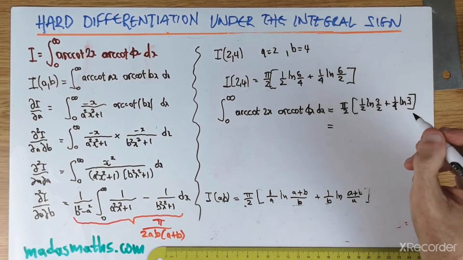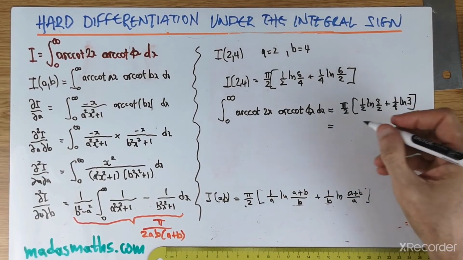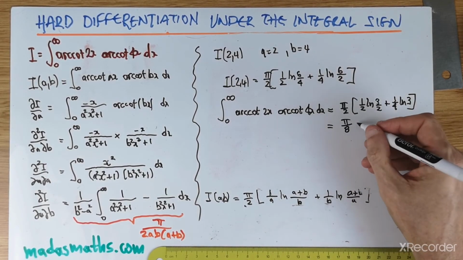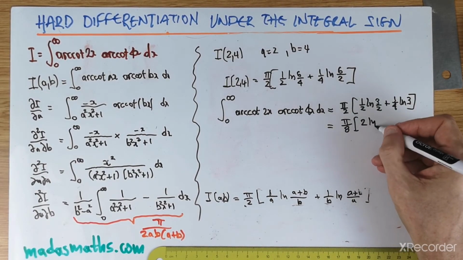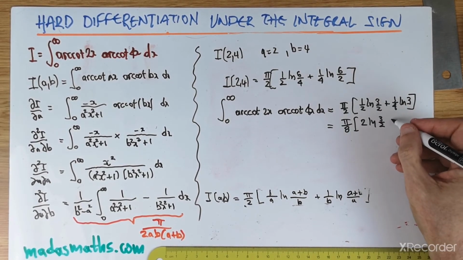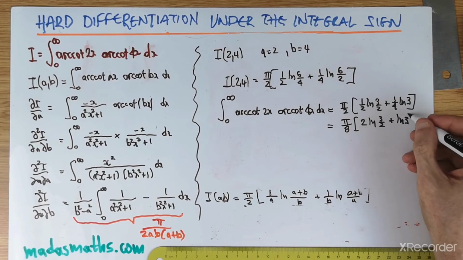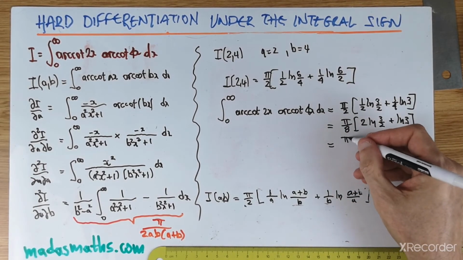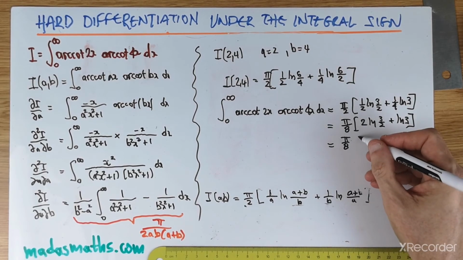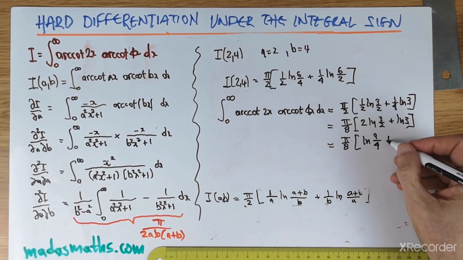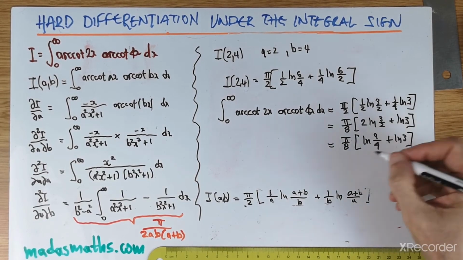Can we tidy this up a little bit more? Pull out a quarter, so we're going to get pi over 8. That's going to give us 2 log of 3 over 2, and from this one, the quarter has gone, plus the log of 3, which is equal to pi over 8 times log of 9 quarters plus the log of 3.